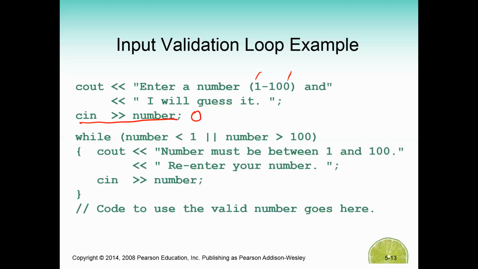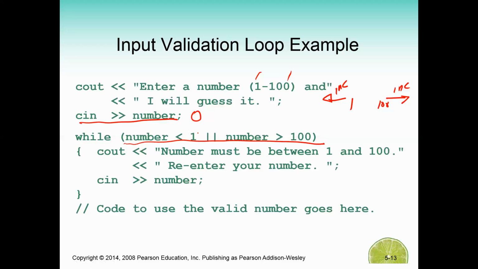Less than 1 will be incorrect, right? Because we want 1 or more. But my limit is 100. If it's over 100, it will be incorrect. So if it's less than 1 or greater than 100, this is incorrect, right? So that's what we're testing right here.